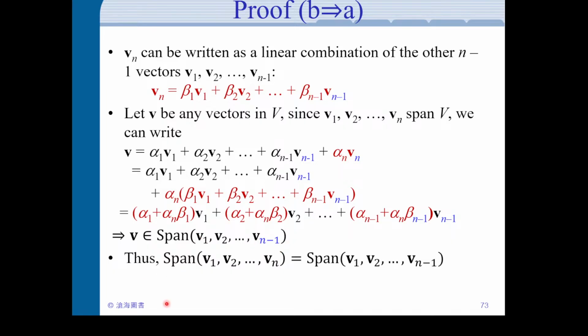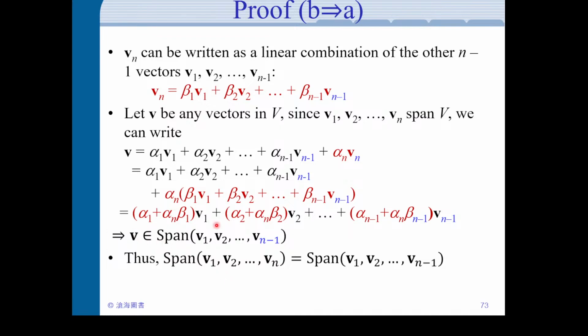So everything in this span of V1 to Vn is of this form, and it's inside the span of V1 to Vn minus 1, so we know that those 2 things are equal. And if you really want to prove 2 sets are equal, there is another trivial thing you need to prove.